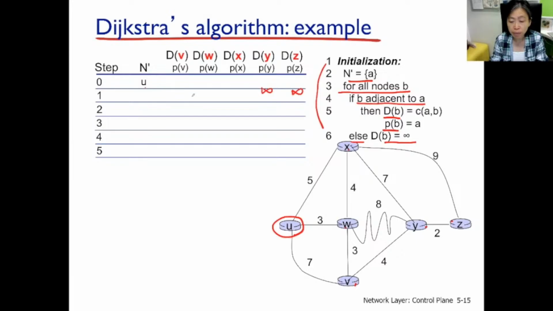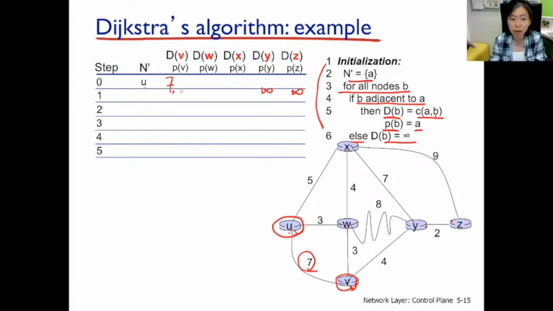And for V, W, X, the distance to V should be what? The link cost between the source and V. So between U and V, link cost 7, so 7 should appear here. The predecessor for such a path is definitely going to be U, because we just added U to the N prime set, and we're reaching V through a direct link.